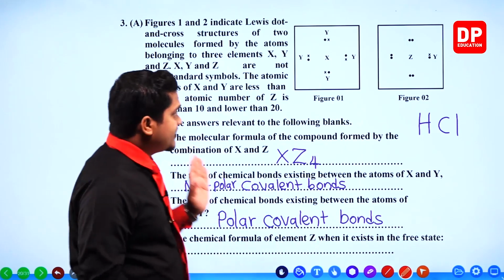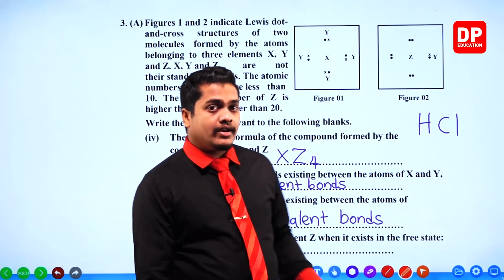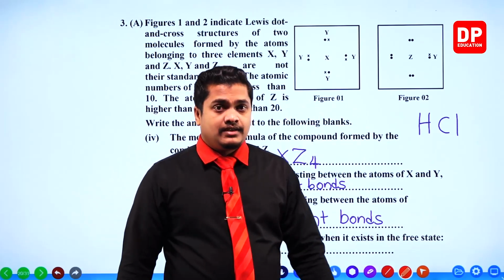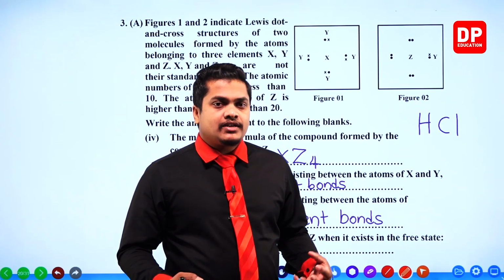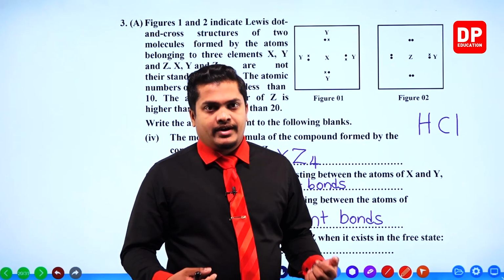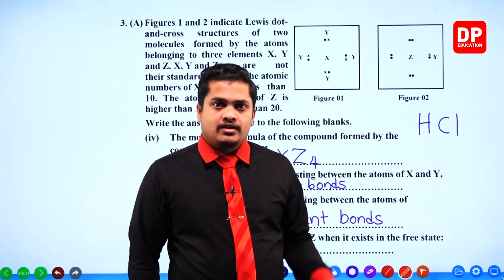So all of these things are showing covalent structures. That is why we can represent these things like this, because these are covalent compounds. Covalent compounds can only be drawn by using dot and cross diagrams, Lewis structures.